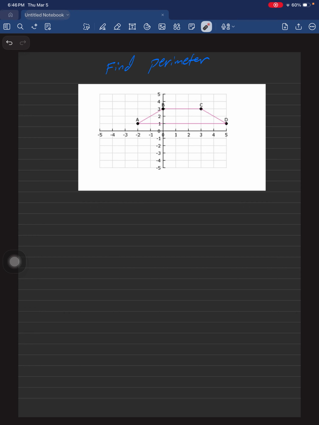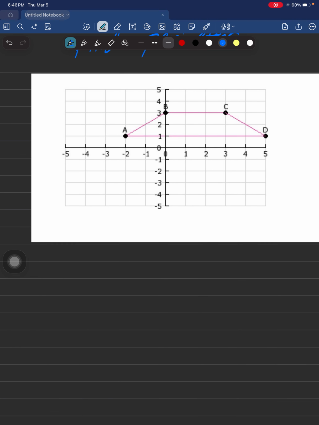To find the perimeter using DESMOS, we can use this simple strategy. First, we need to recognize the coordinates of the points. With point A, we start from 0, going to -1, then -2.